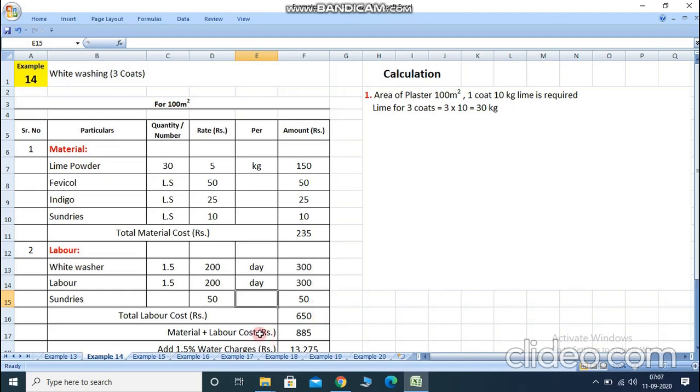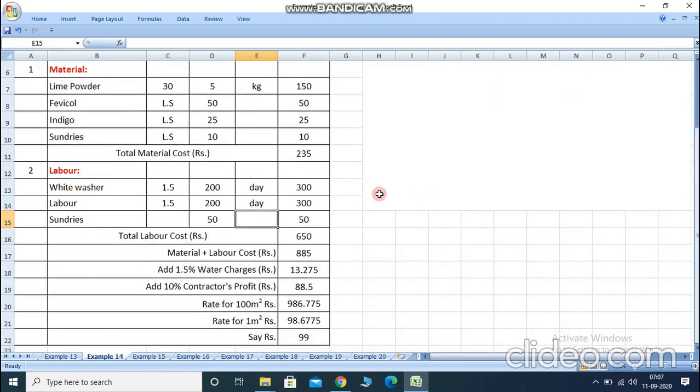Now the summation of the material cost, 235, and the labor cost, 650, gives a total of 885 rupees, and we add 1.5% water charges. So 885 multiplied by 1.5% gives 13.27, and we include the 10% contractor profit.